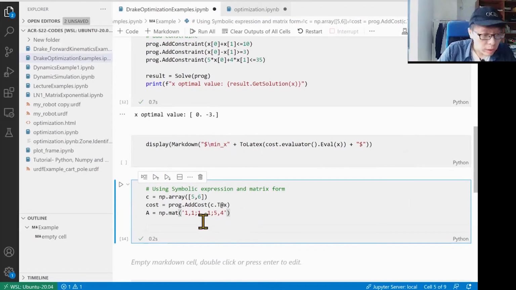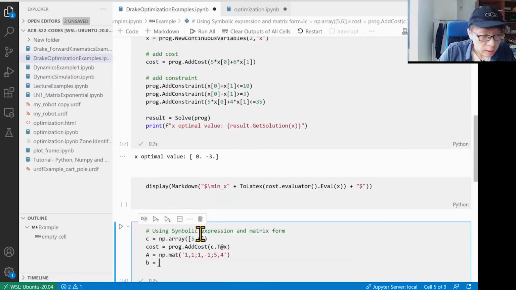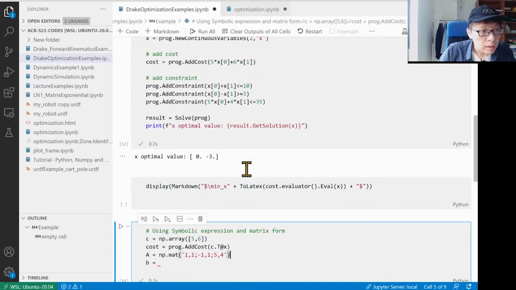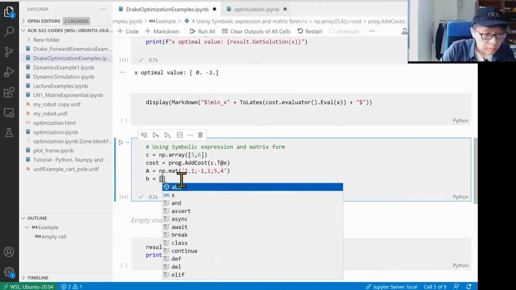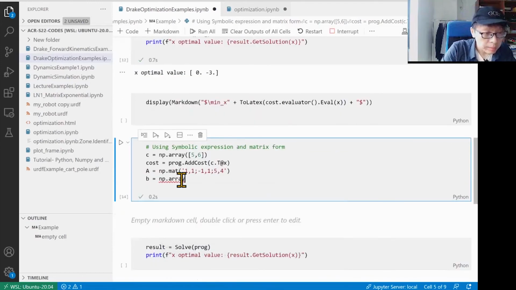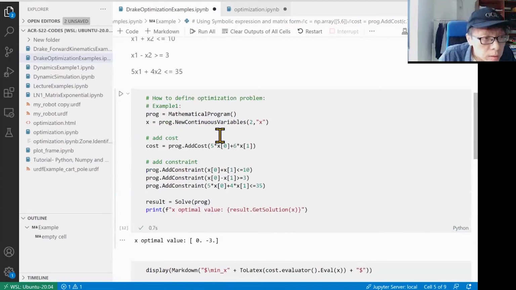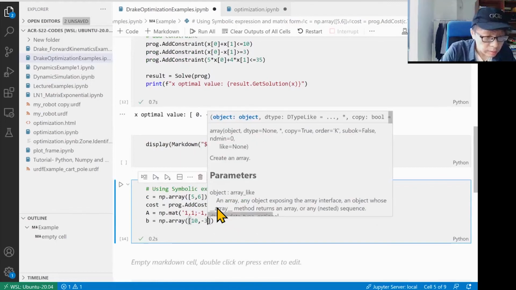That's 3 constraints, 2 variables. So that's A, and B is what I want it to be less than or equal to. I should change the sign. Sorry. This one is -1 and 1, and the other one is negative, less than or equal to 0. So B should be numpy dot array: 10, -3, and 35.